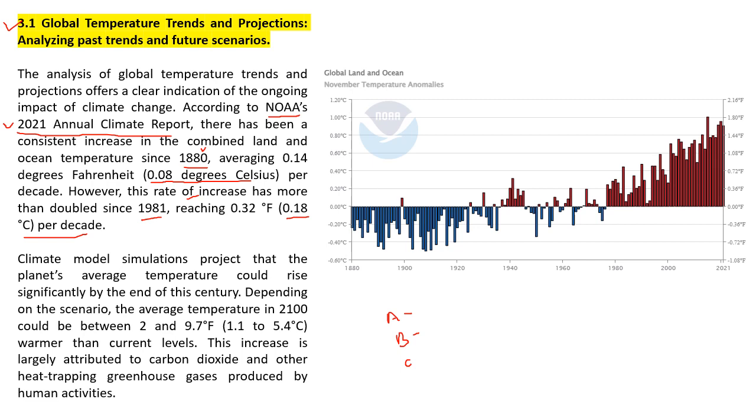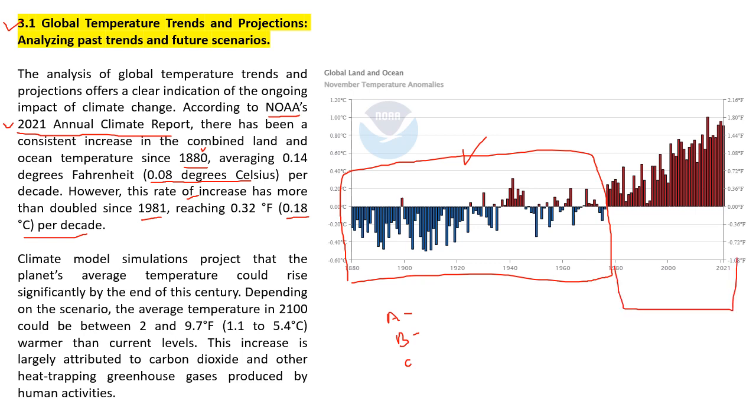So from 1880 to 1980 here, the problem was not as much, and from 1980 up to now, this increase is 0.18 degrees Celsius per decade.